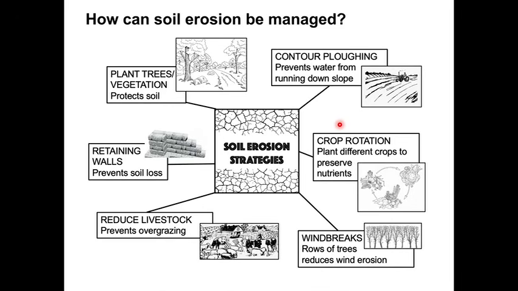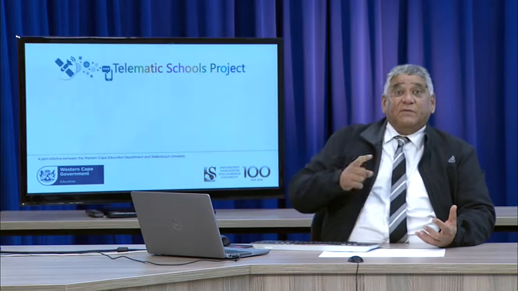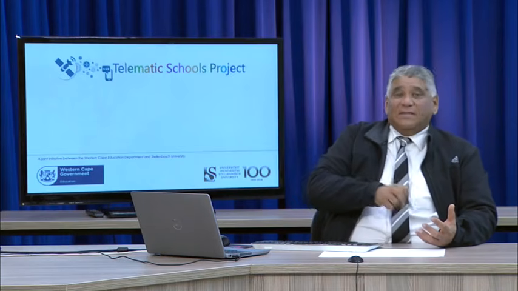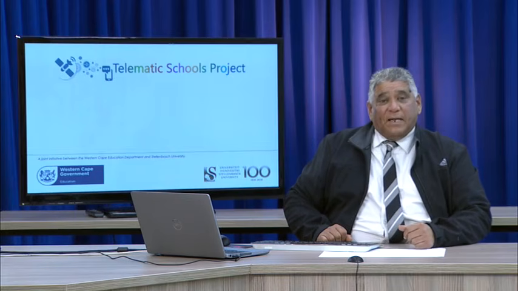Secondly, crop rotation. You must plant different crops to preserve the nutrients. For instance, if you plant a certain crop, say tomatoes, just making an example, right? Then tomatoes need a certain type of nutrients that it extracts from the soil. And if you plant the same crop every year, the same nutrients are always going to be extracted, and later on it's going to be a barren piece of land that you've got.